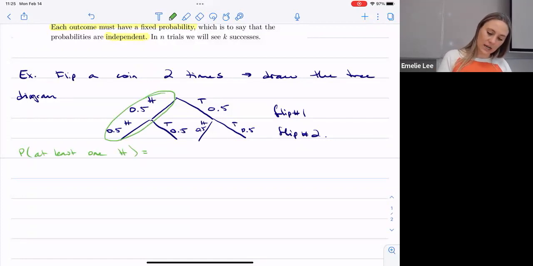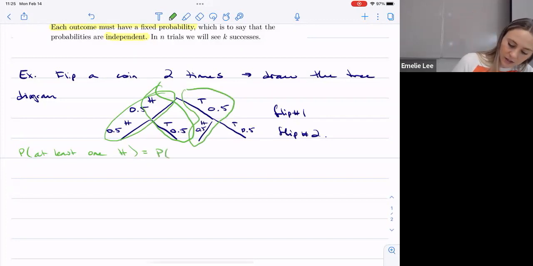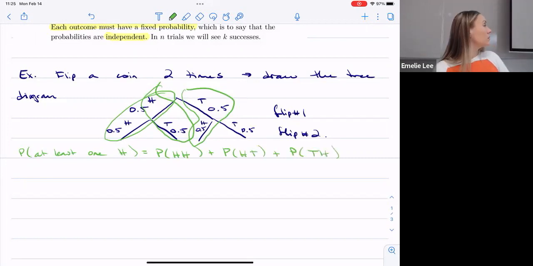So at least one heads I get if I have heads, heads, if I have heads, tails, if I have a tail and then a head, right? So all those three would be, and I'm going to just be sloppy and say the probability of head, head, plus the probability of head, tail, plus the probability of tail, heads. Or if we prefer, right, 1 minus the probability of tail, tail.